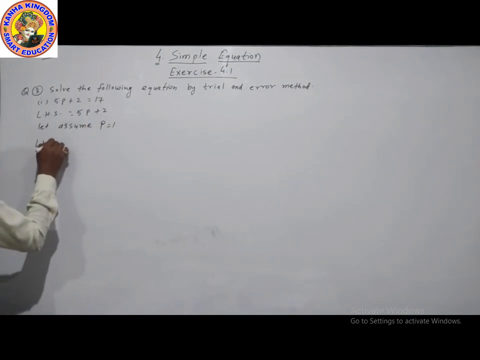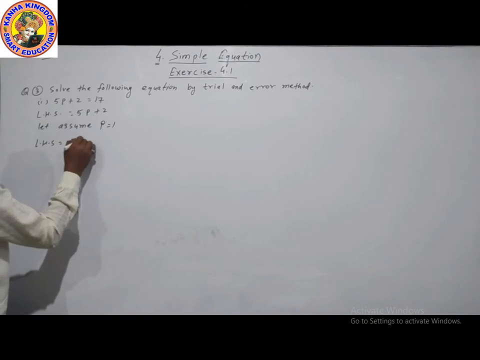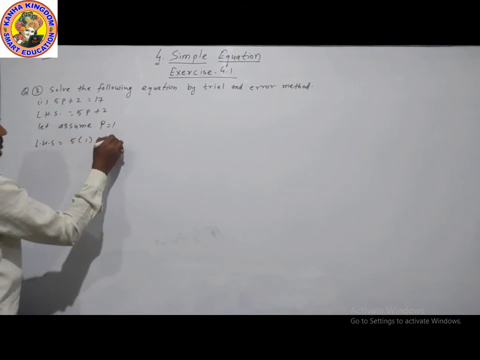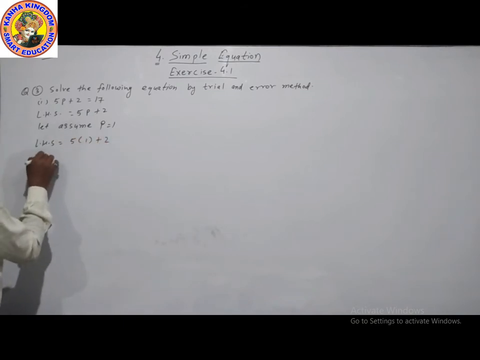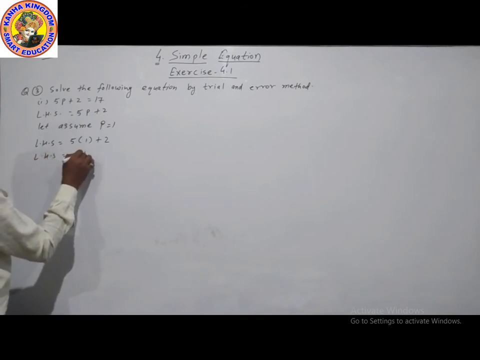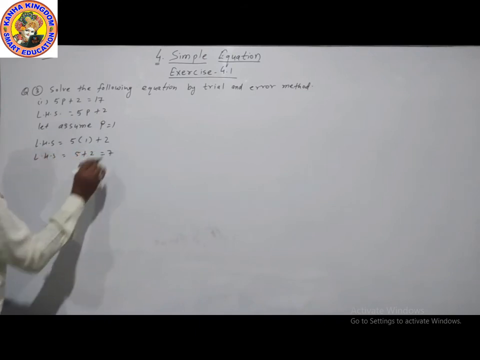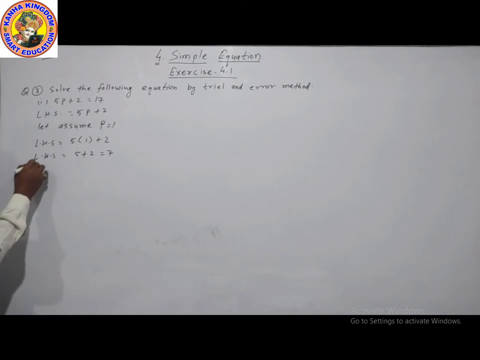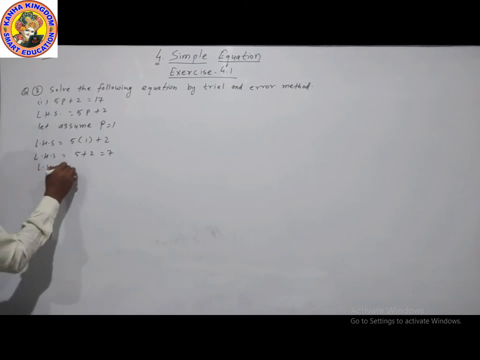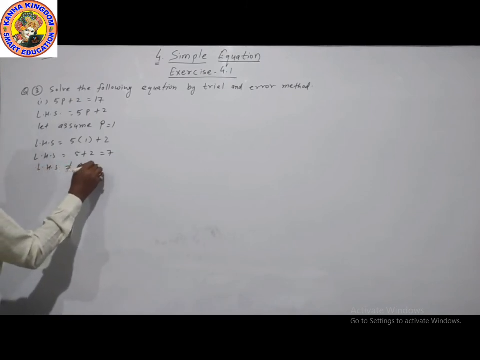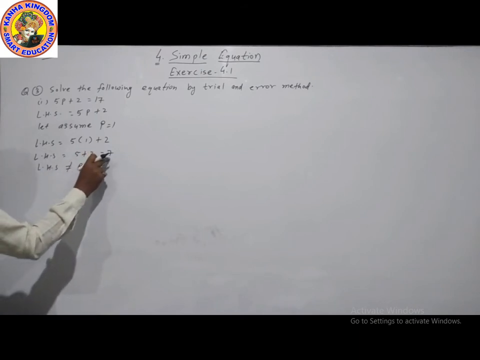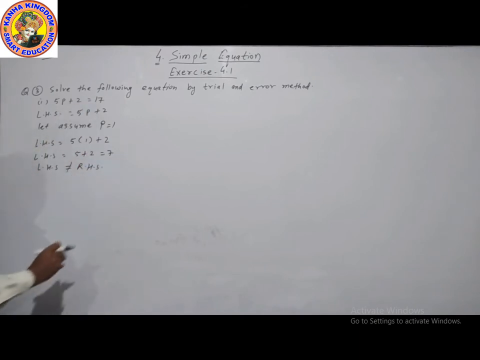So left hand side is equal to 5 into 1 plus 2. Left hand side is equal to 5 plus 2. Answer is 7. Left hand side is not equal to right hand side. Left hand side says 7, right hand side says 17, so this value is wrong.